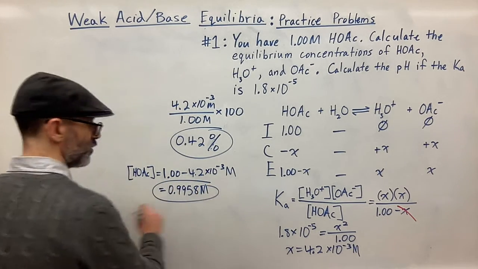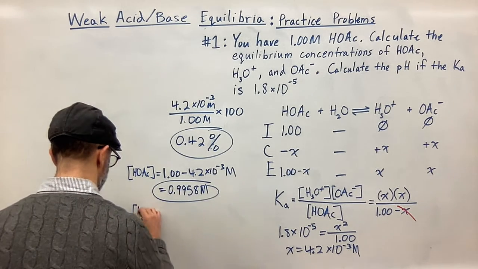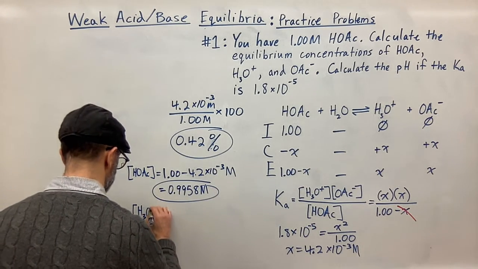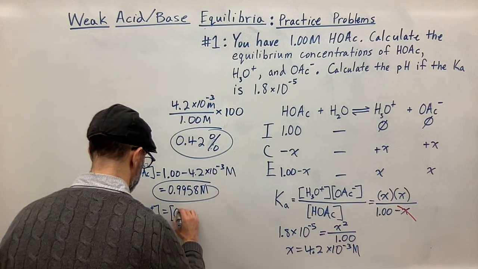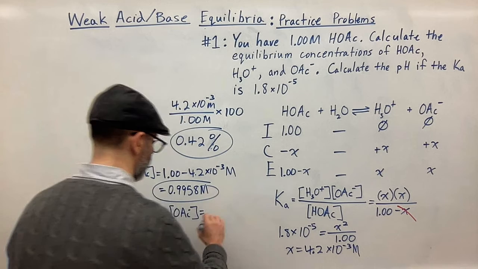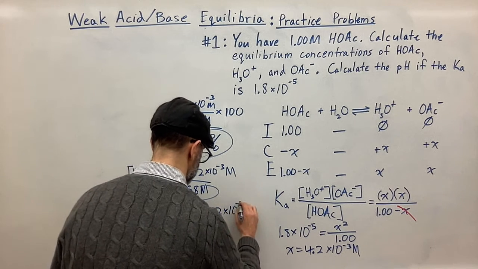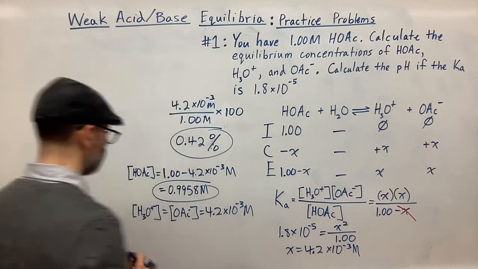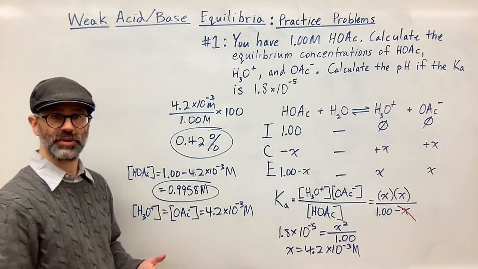And then the concentration of H plus, so the H3O plus concentration, is going to be equal to the OAc minus concentration, and that's equal to x, which is 4.2 times 10 to the negative 3 molar. So those are the equilibrium concentrations of those substances.